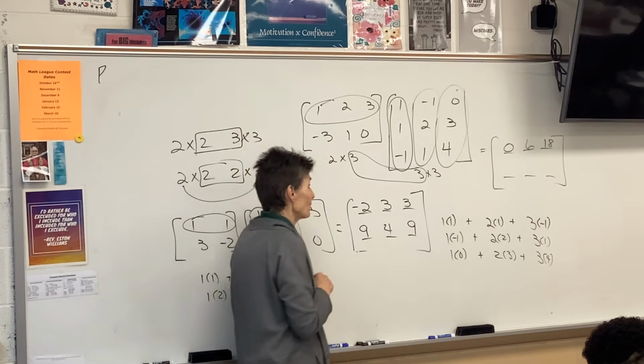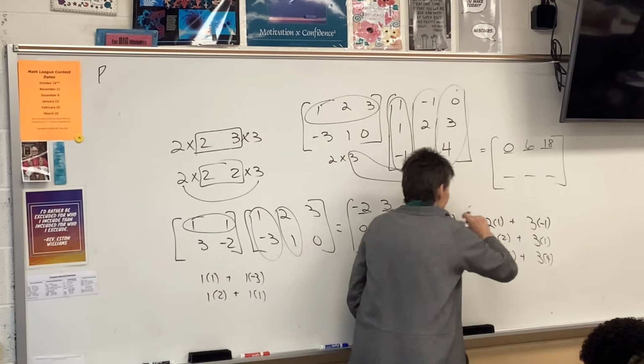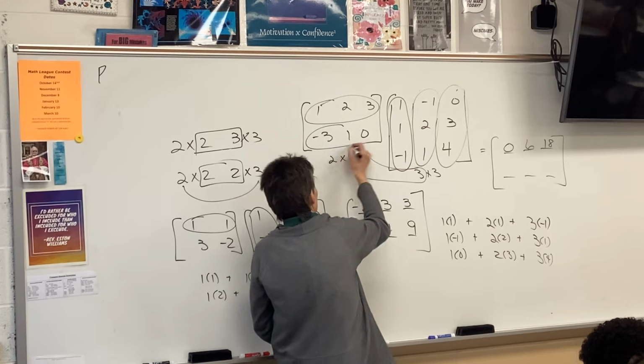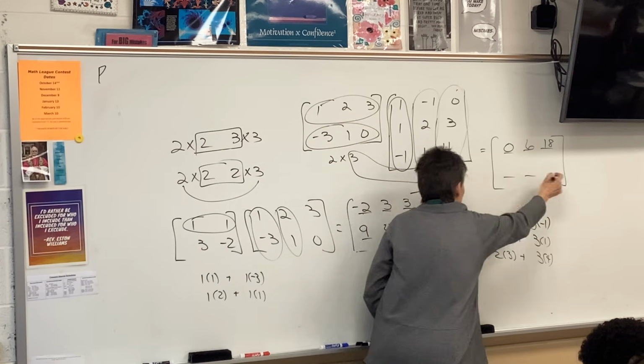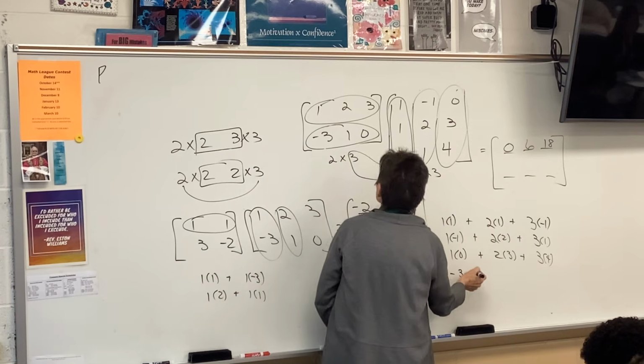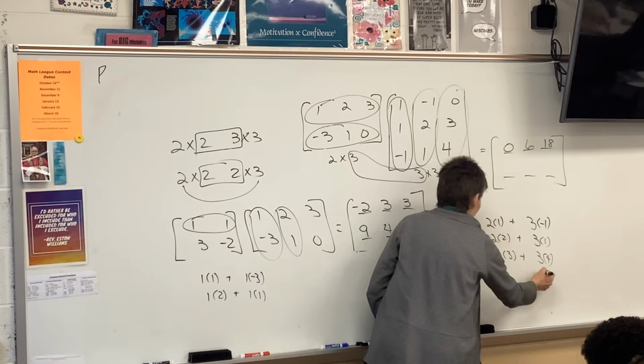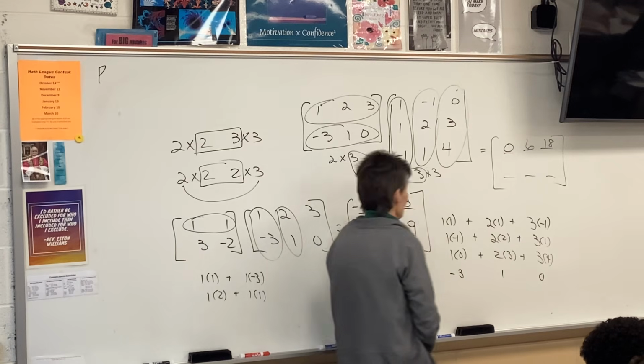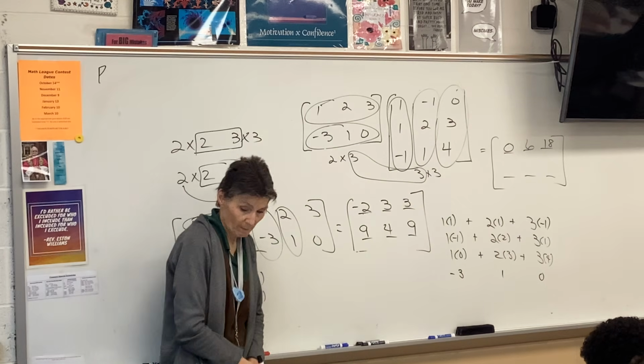All right, go ahead and do the bottom row. So now you're gonna do exactly the same thing, but you're gonna be using row 2. Row 2. So you're gonna be using -3, 1, and 0. Let's see what you can come up with.